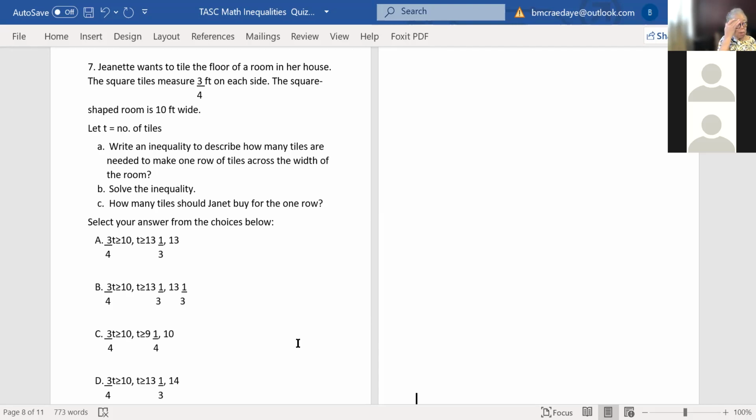And here is a square shaped room, 10 feet wide, which means 10 feet wide and 10 feet long, so the sides are equal.